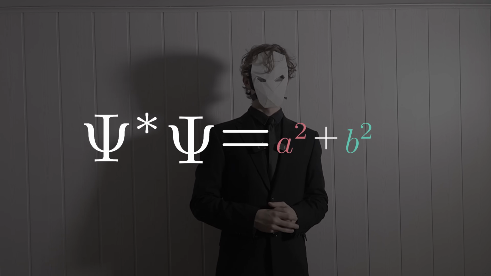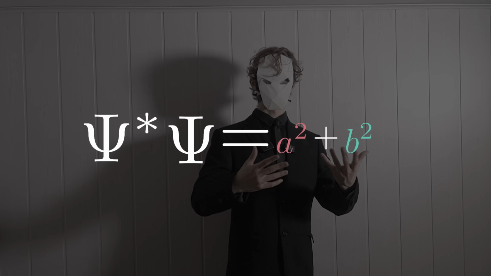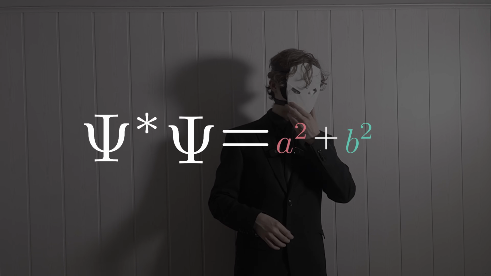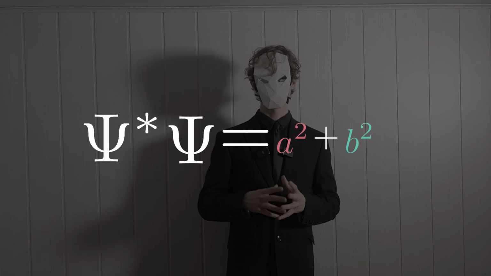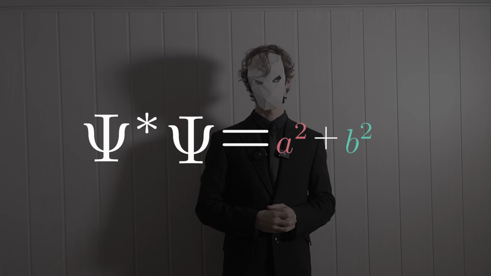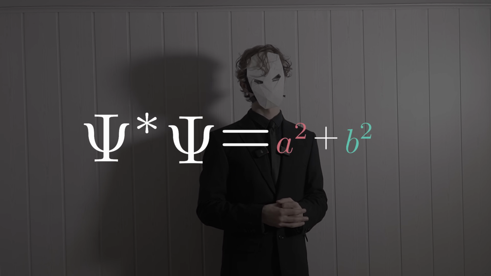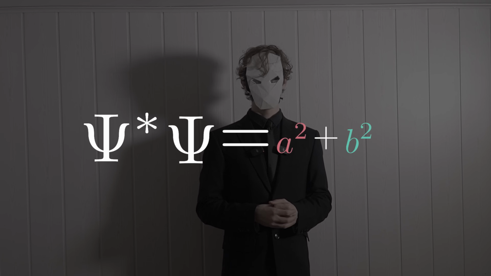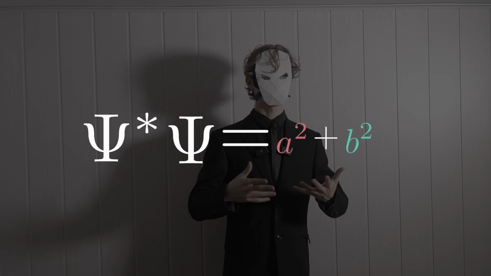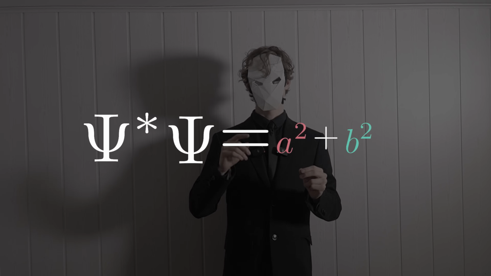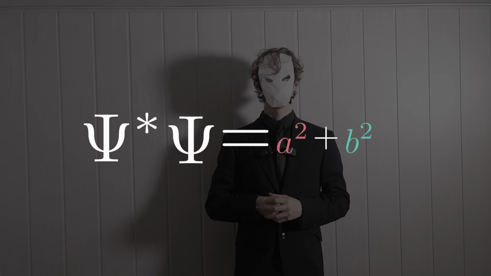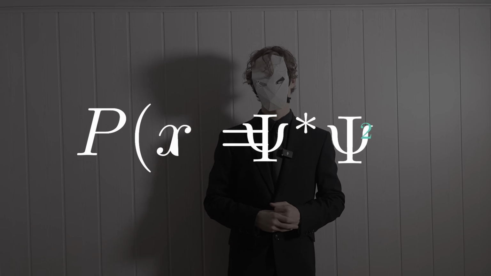No? Well, then I would really suggest rewinding, because here we get into fun stuff, because here we get into probability. Why do we care about this function returning a positive number? Well, it's because you can't work with probability with negative numbers. You can't have negative probability. And so here's the thing, after we take psi times the complex conjugate of psi, what we get is the probability function.